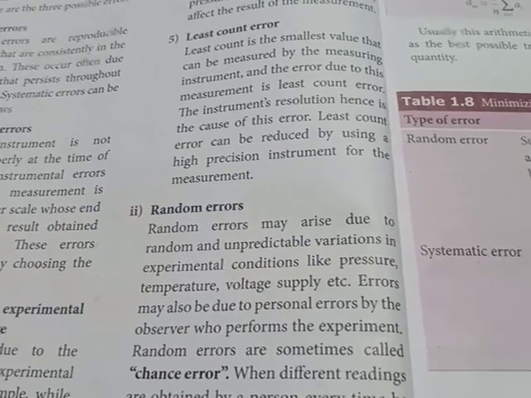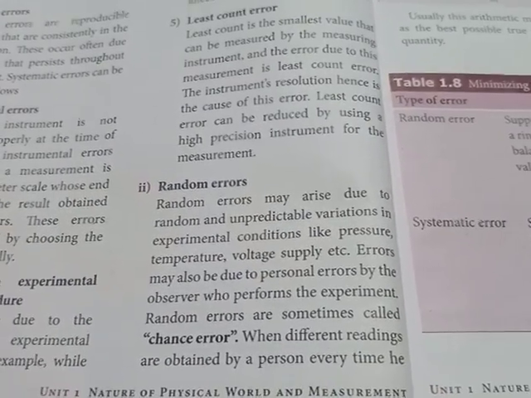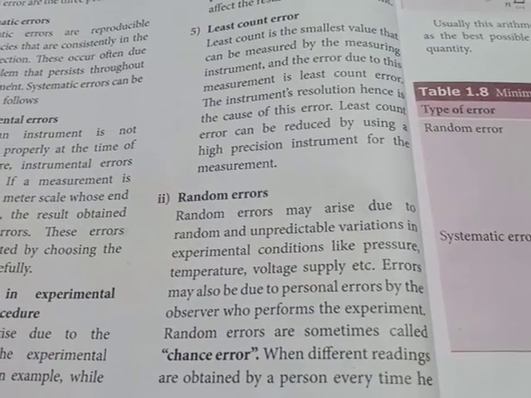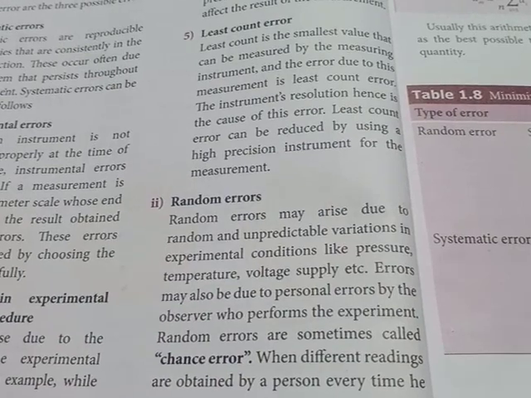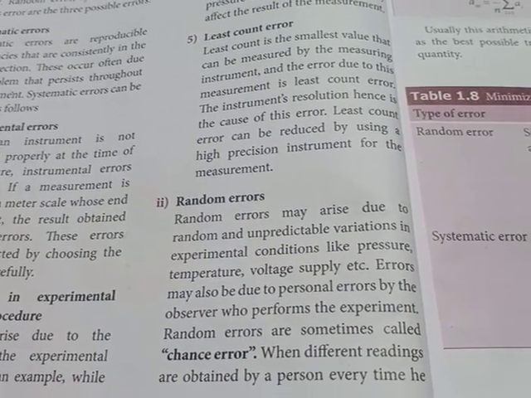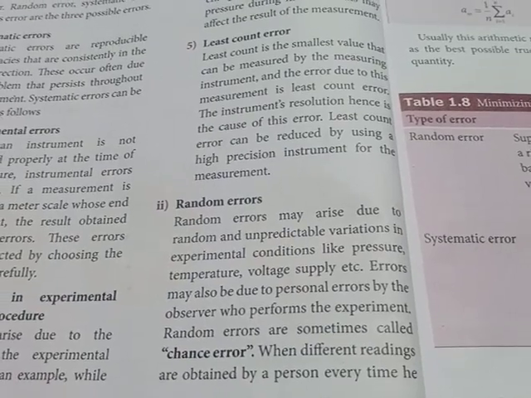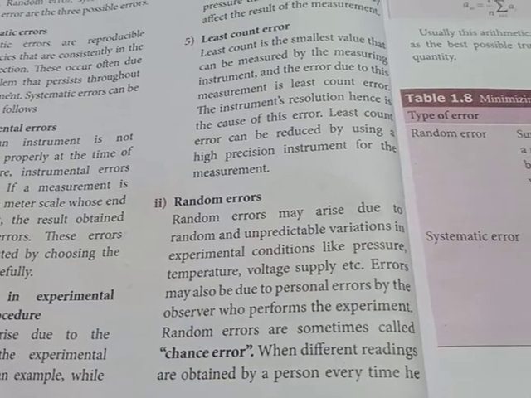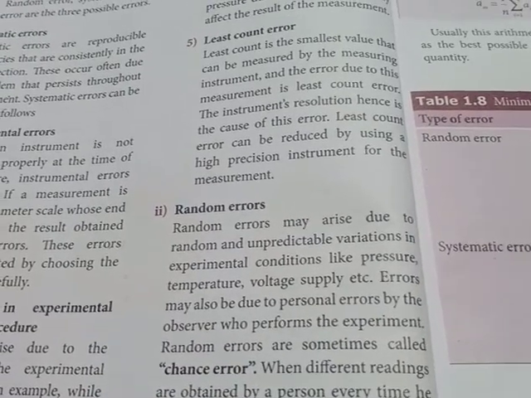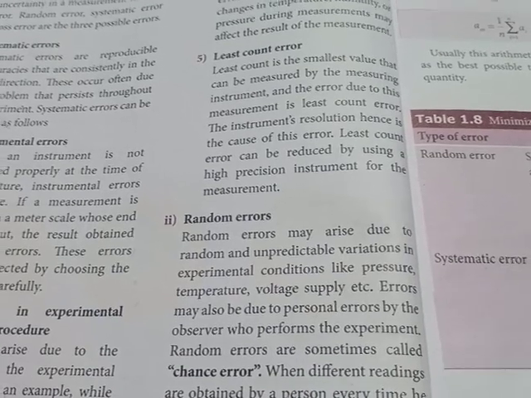And personal error. Sometimes while you are doing the experiment, some personal error occurs because of your carelessness. We have all practiced this. Sometimes when we do the practical, some error may occur. Maybe you read 10.5 centimeter in the experiment, but you write 10.4 on the paper.